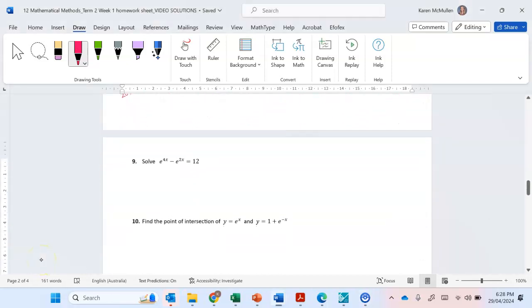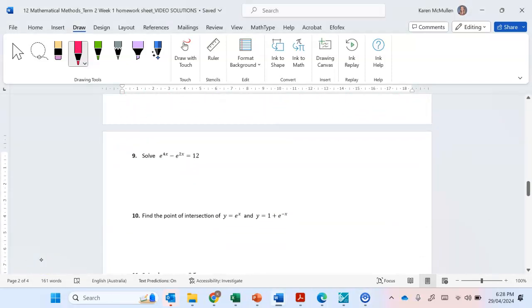All right, moving on to question 9. Whenever I see a question like this, it just screams quadratic to me. The only difference between this one and ones that you've done before are these powers. Usually our highest power is 2, but we can just bring everything over to the right-hand side. So it's going to be minus 12.